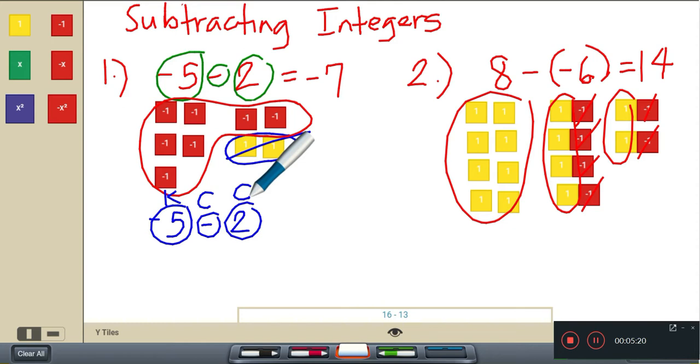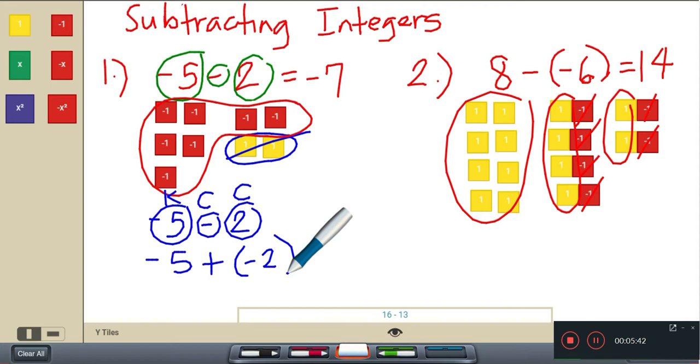Keep this one, change the sign into a plus sign, then change 2 to negative 2, the opposite. Then perform the operation. Negative 5 plus negative 2, review your adding with like signs. You just add them, so 5 plus 2 is 7, and the same sign is negative. So the answer is negative 7, the same thing we have here.